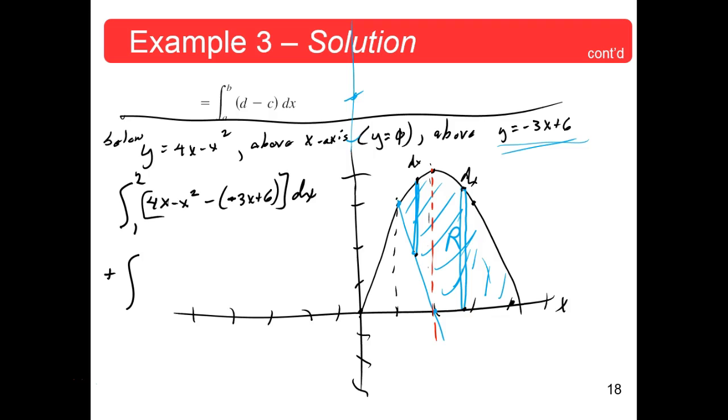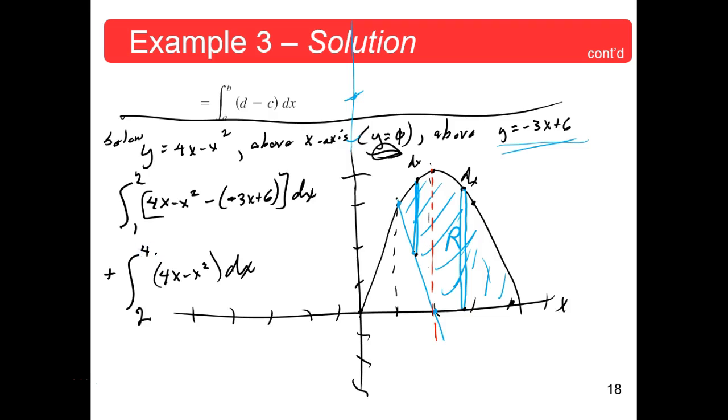Y is equal to 0, right? That's this part. So that would be going from 4x minus x squared minus 0 dx, that's the thickness of it, and that's going from 2 to 4. Perfect.